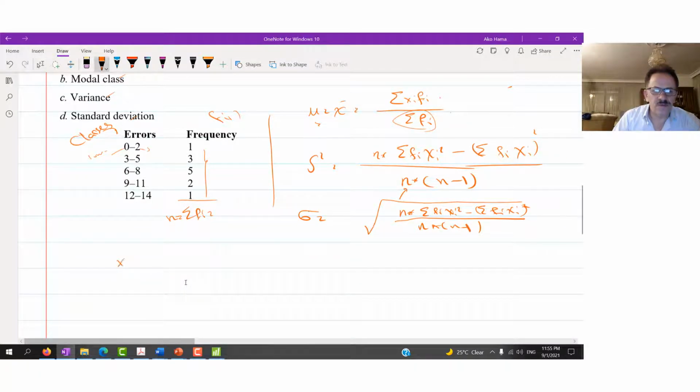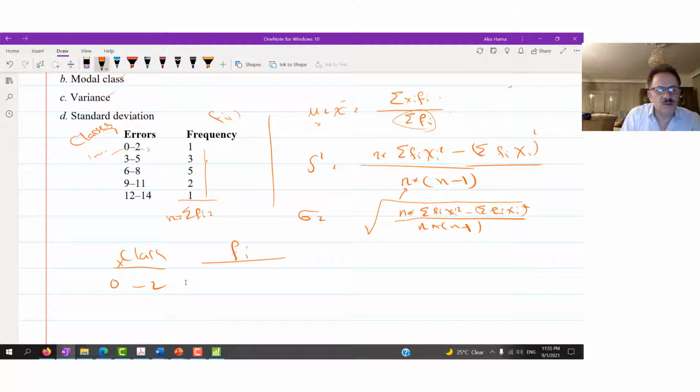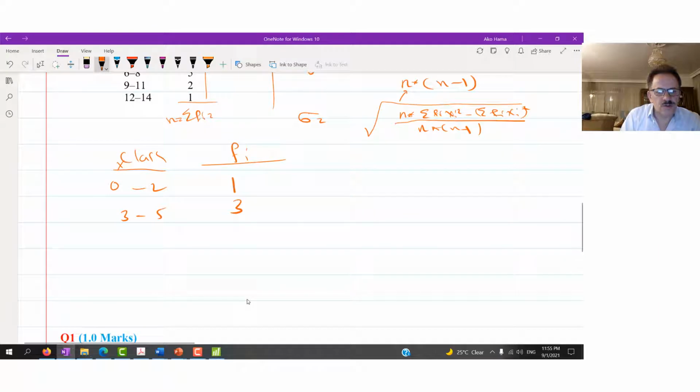First of all, we have to find numerically, these are the classes, and so we have from 0 to 2 the class, and here's the frequency, which is 1. 3 to 5, which is 3. So what should I do?